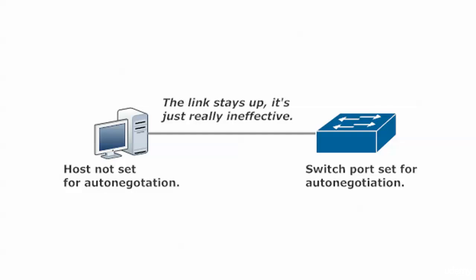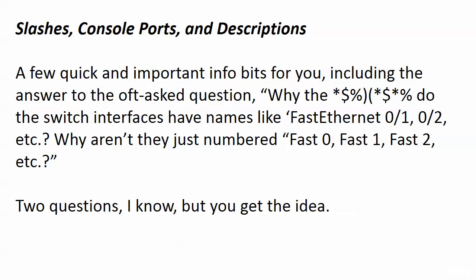So that's why we want to avoid this situation at all costs. And there's really no reason to have that unless you hard code it. So again, the biggest problem with auto-negotiation is when it's running on one end, not running on the other. Then you're going to have a duplex mismatch. Otherwise, it's going to work so smoothly you're not even going to think about it.